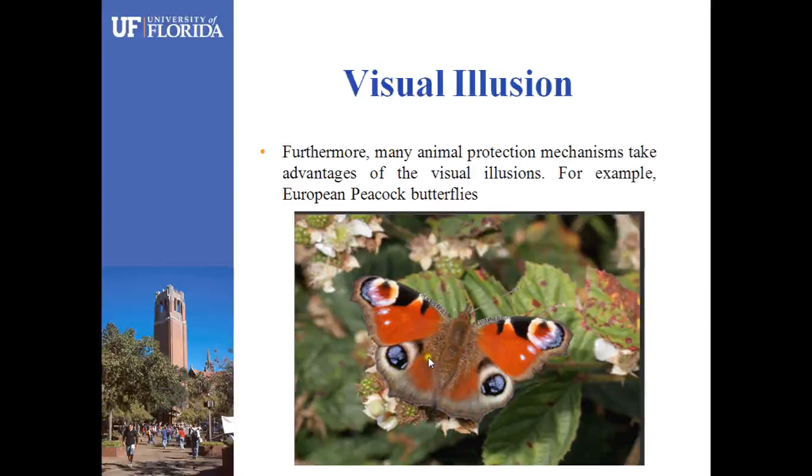So when predators find them from far away and see the pattern on the butterfly's wings, they would think, oh, this is a huge animal which has such big eyes, and the predator would run away. In this way, these butterflies can protect themselves using the visual illusion.